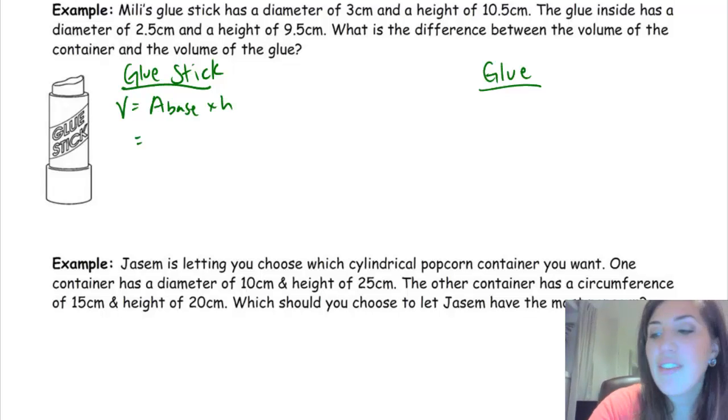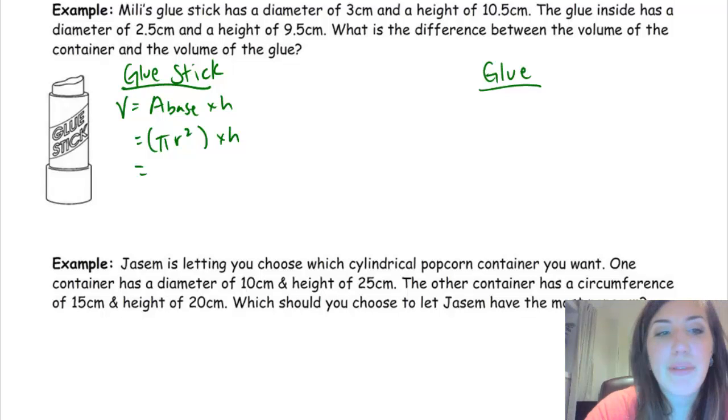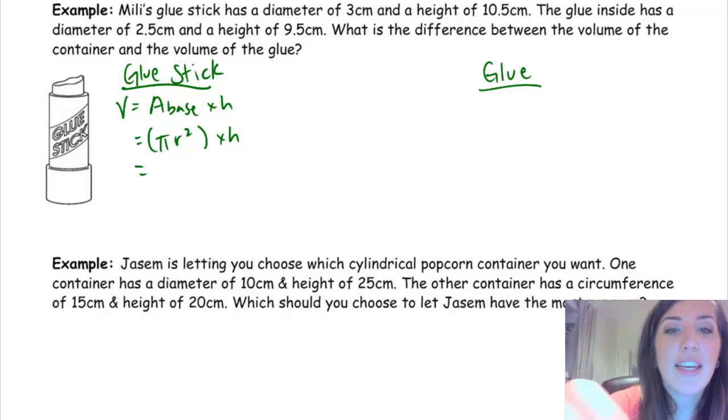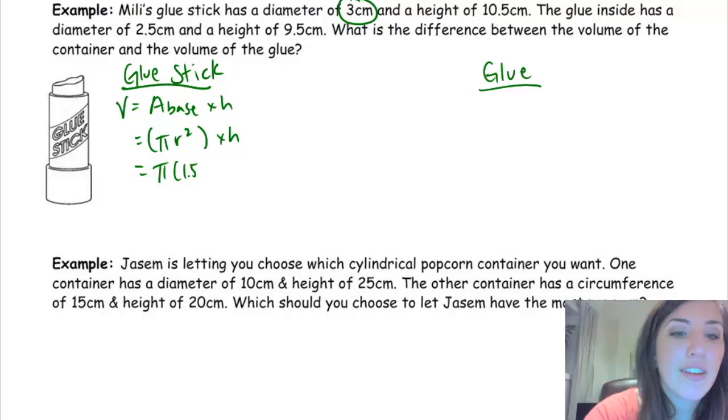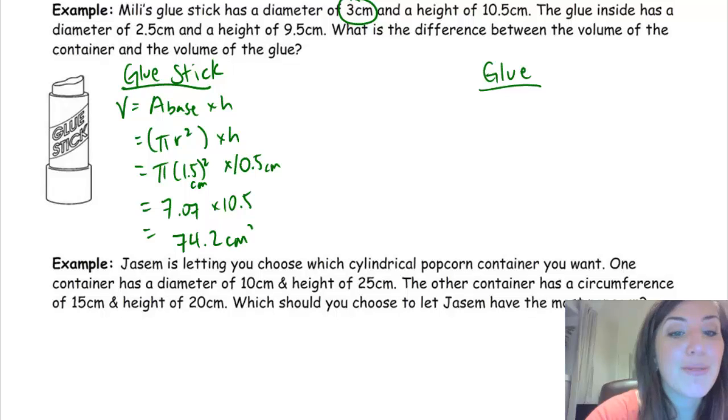So we know that the area of the base is pi r squared times the height. We know that the diameter of the container is 3. So 3 divided by 2 is 1.5, and the height is 10.5 centimeters. So if we plug all that in, we get 7.07 times 10.5 centimeters. That gives us a volume of 74.2 centimeters cubed.